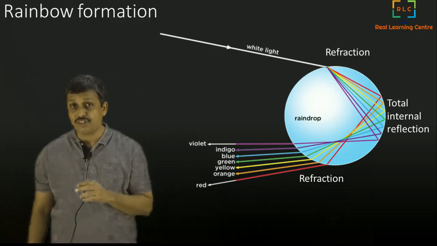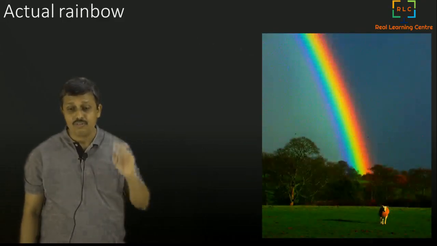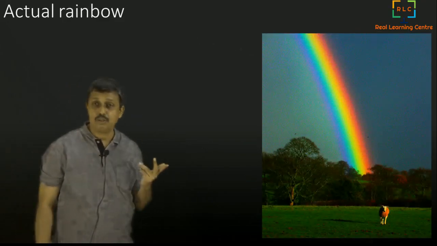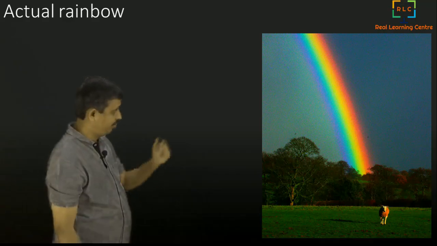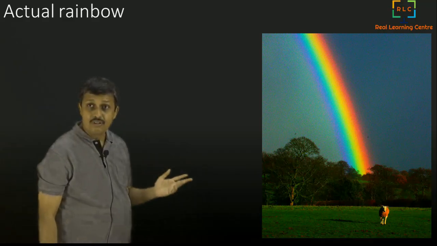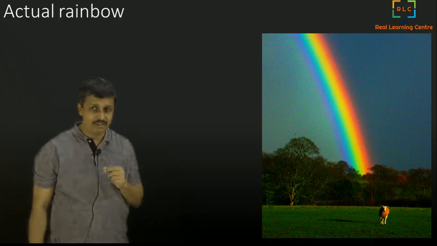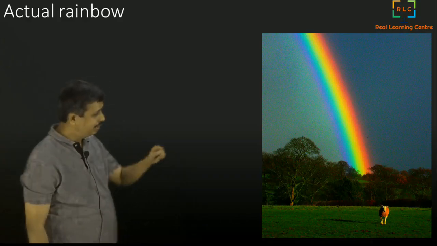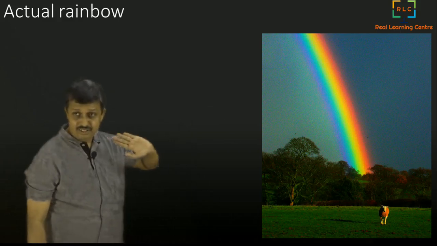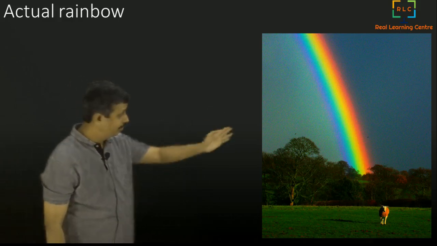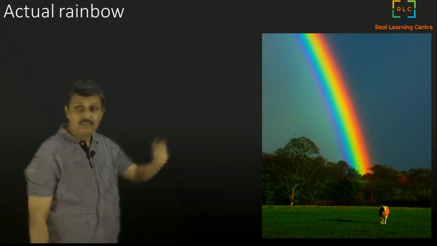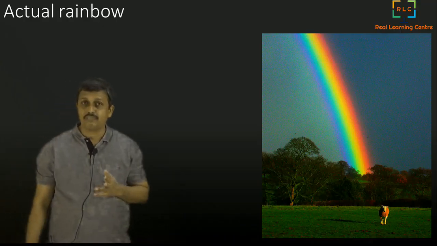Let's say you watch a real rainbow. What do you see? A beautiful rainbow. But observe it a little bit. You can see that the red color is on the top and violet is at the bottom.